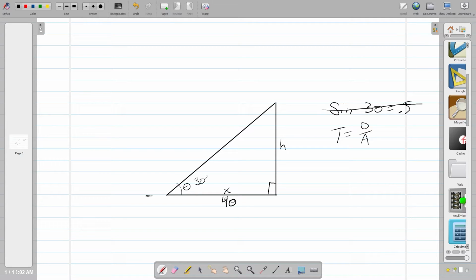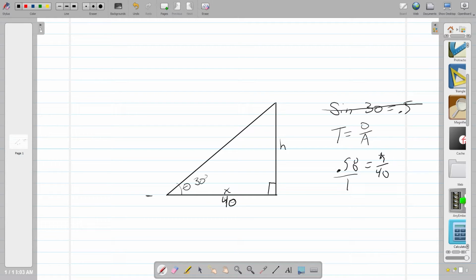Go back to my board. So we have 0.58 equals H over 40. We can say 0.58 over 1 equals H over 40.